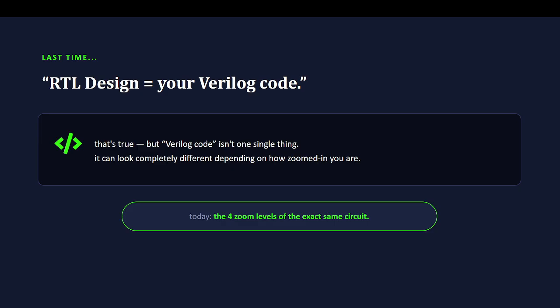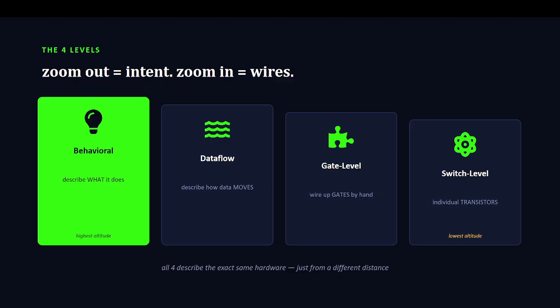Both are RTL in the broad sense, but they read nothing alike. So today, the whole mission: the four zoom levels of the exact same circuit, same hardware, same function, four totally different types of code. The four levels.